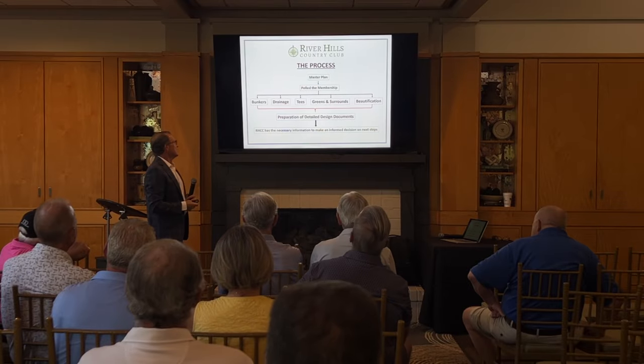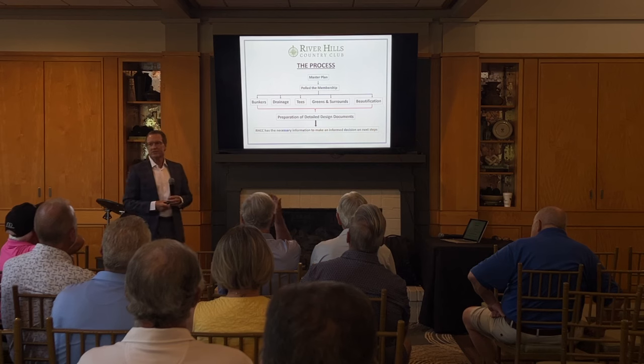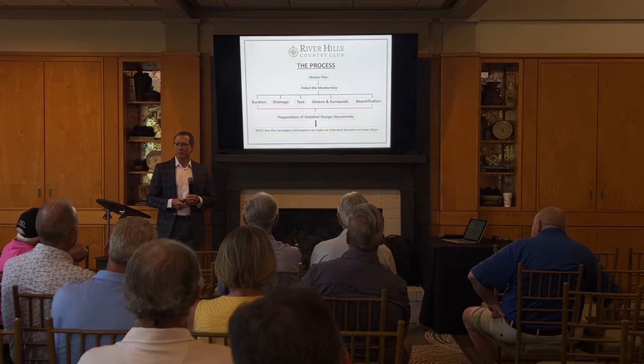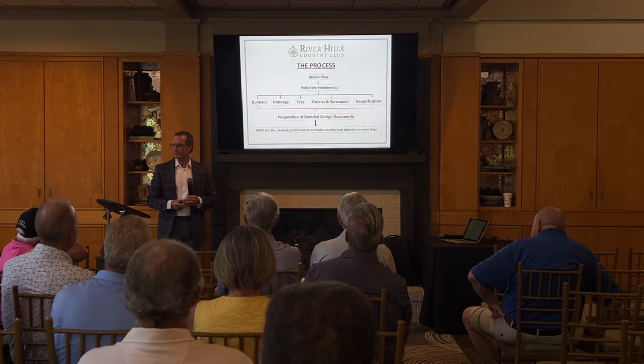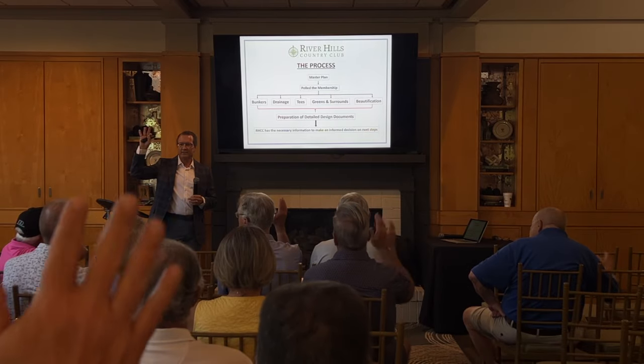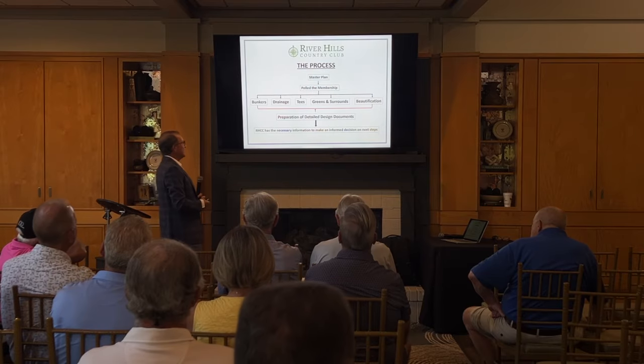The poll was bunkers first, drainage second, then tees, greens and surrounds, and beautification and landscaping. That's in order of priority based off the poll that the club sent out to the membership. How many people participated in that? Very good. Thank you for doing that.